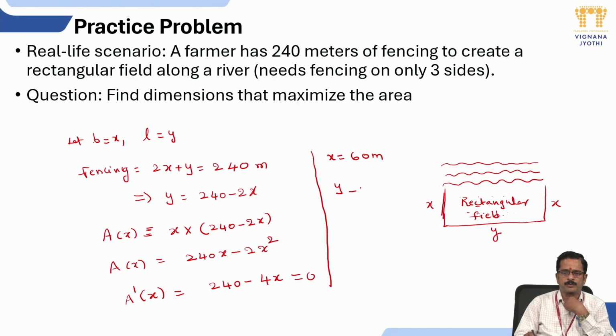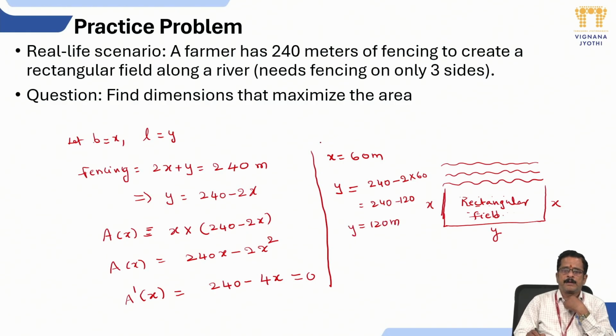Therefore x is 60 meters, and y equals 240 minus 2x, which is 240 minus 120, equals 120 meters.